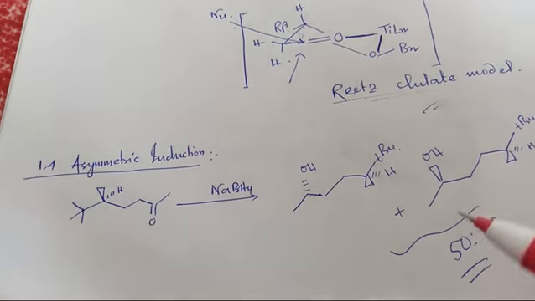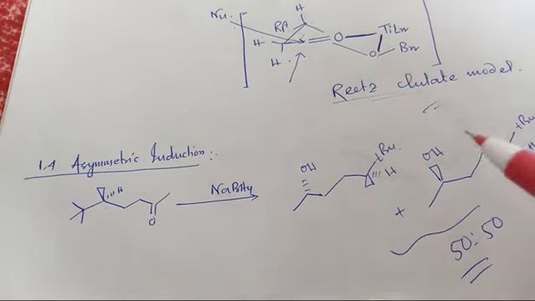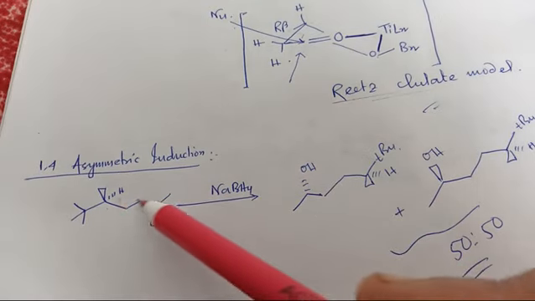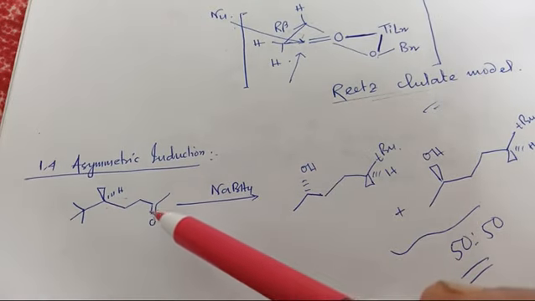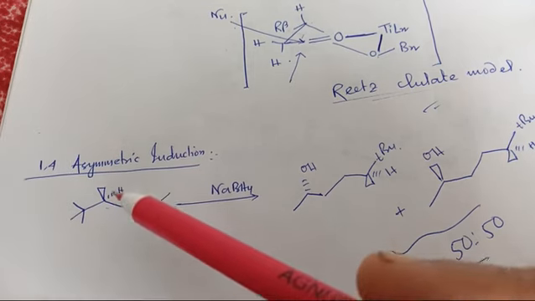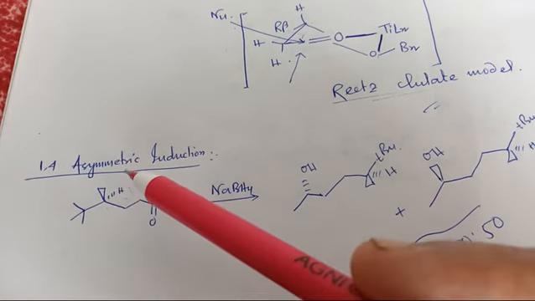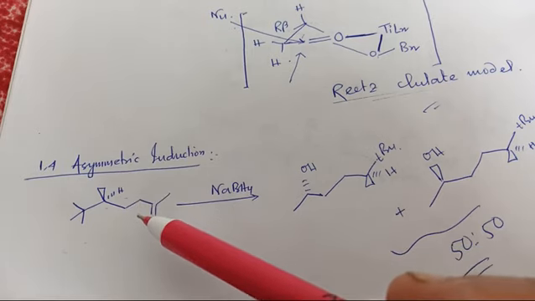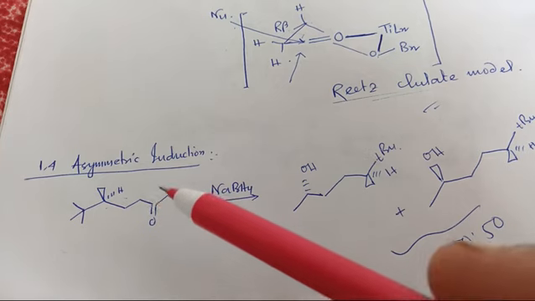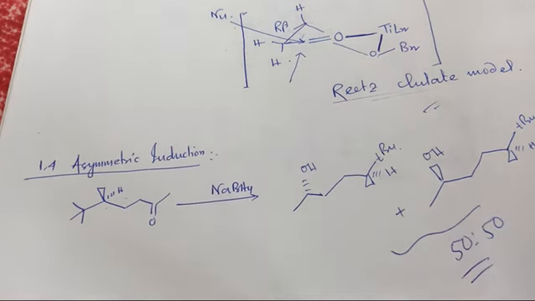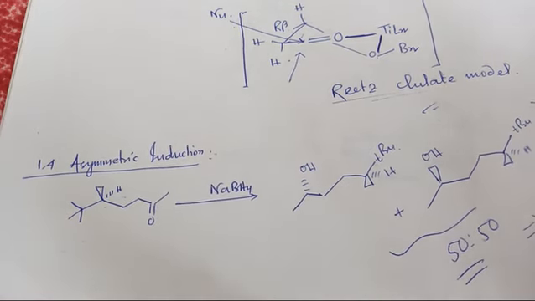So here there is no asymmetric induction, no diastereoselectivity. Why is this happening? Because the structure is very flexible, because the chiral center is very far apart, at the 4 position, so it is a little more flexible and the chain is long. That's why there is no asymmetric induction. We get a 50-50 ratio of products.